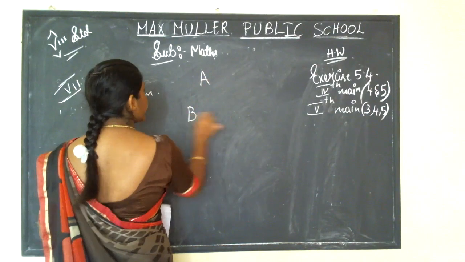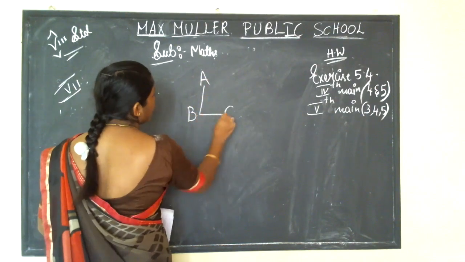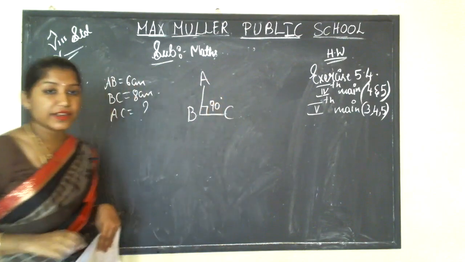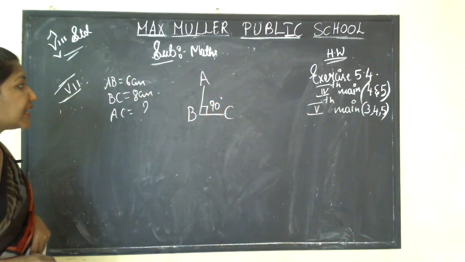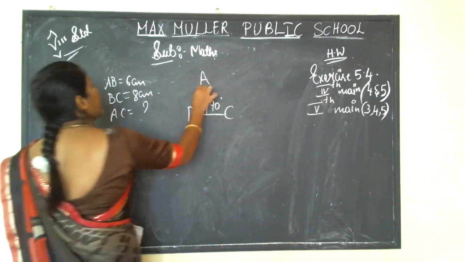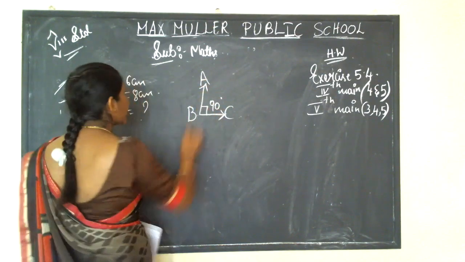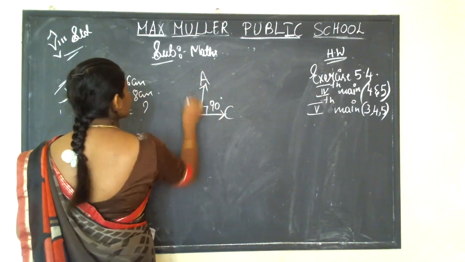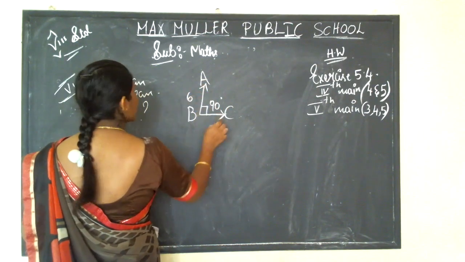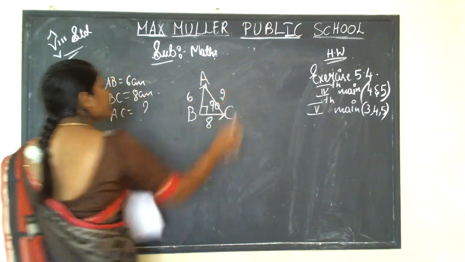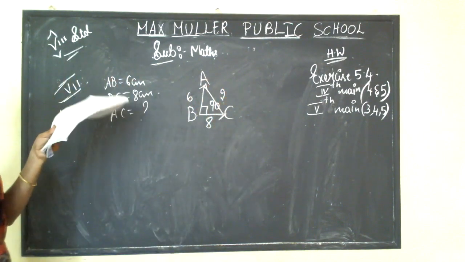A, B, C. You know, this angle is equal to 90 degrees here. Angle A, angle B, and angle C. Here B is equal to 90 degrees, and this AB side is 6 centimeter. BC is 8 centimeter. And you have to find out this side.